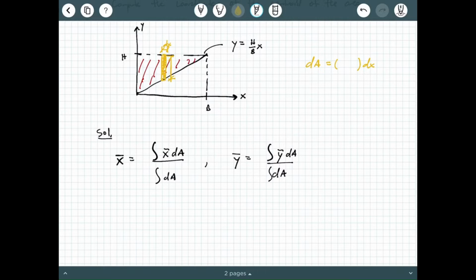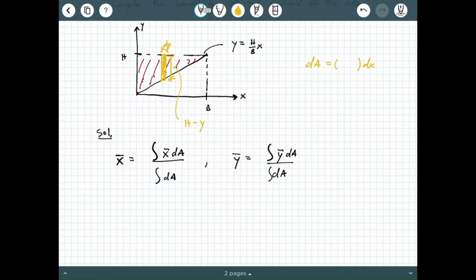Well, it's not y, because if you think from a mathematics point of view, y is the height from the x-axis up to a function. But that's not what we have. We have the height from the function up to an upper bound of sorts. So what would that height be? Well, it would just be h minus y.